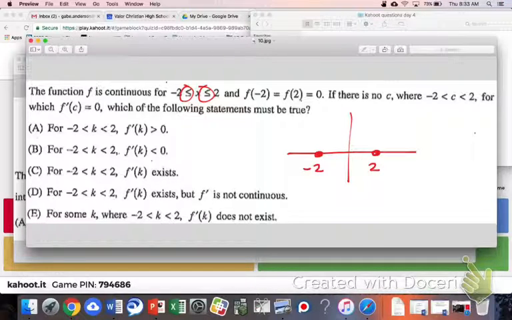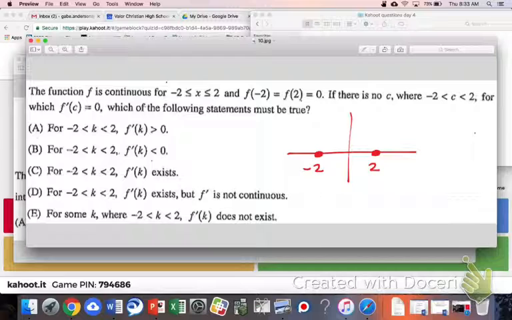If it was continuous on an open interval, then really it could do this or any other variety of things. It's continuous on the closed interval. That means our endpoints have to be connected to all the other points on the graph. So I think that might be a key for you when it comes to D.